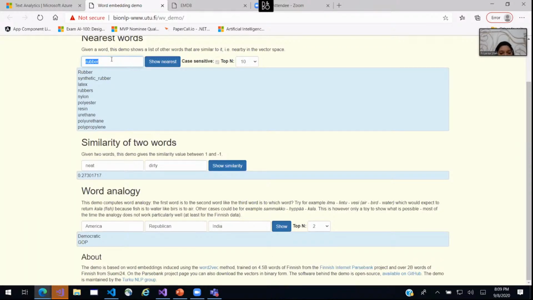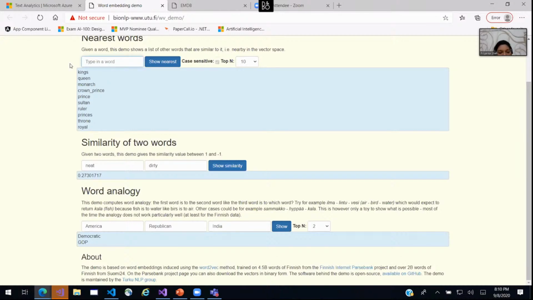So let's say I try something like this, king. Show nearest, it should give me monarch, crown prince, bigrams also. But it could be a sultan in some other language, royal throne, right? So all these related words, related terminology. So this is what we called word semantic analysis, word semantic generation.